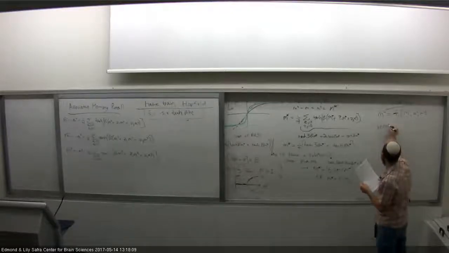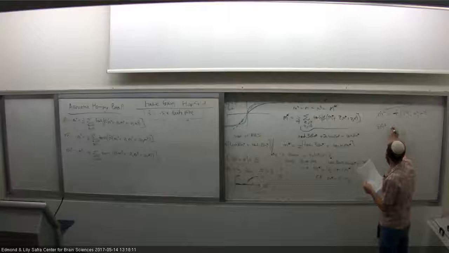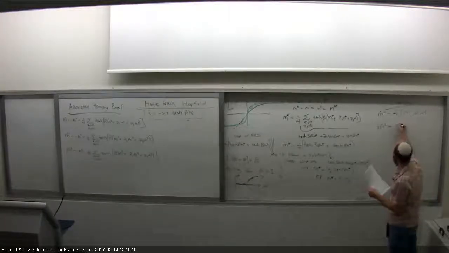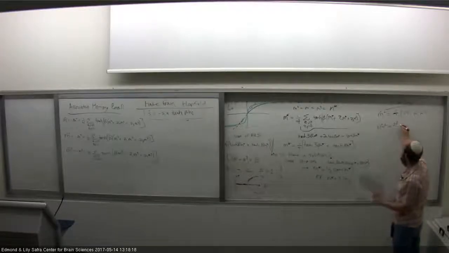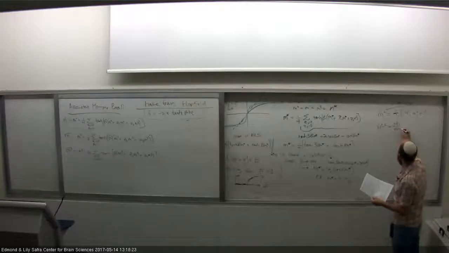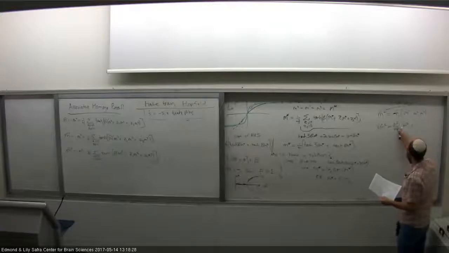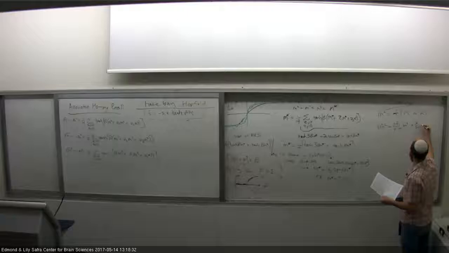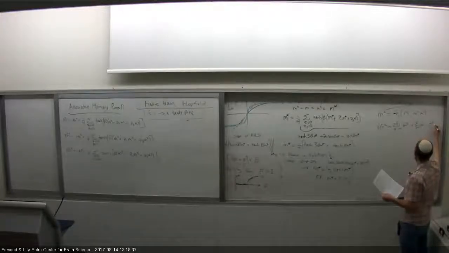We'll do a Taylor expansion of this in multiple dimensions. We'll have to find the Jacobian effectively: the derivative of f1 with respect to m1 times delta m1, plus the derivative of f1 with respect to m2 times delta m2, plus the derivative of f1 with regard to m3 times the deviation in m3.